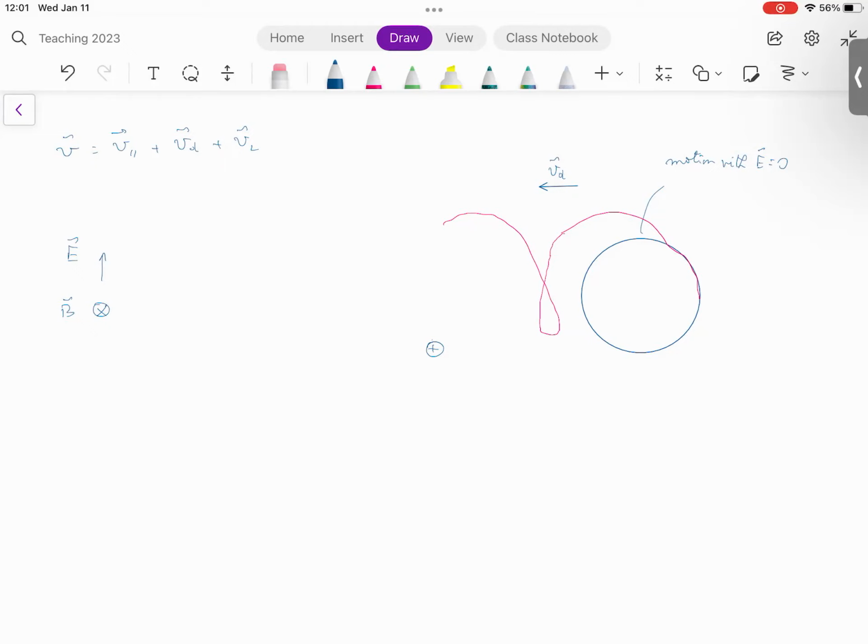And here's what I mean by that. Let's assume that there is some other force that's not an electric force. The electric field is 0, but there is some other force. That could be, for instance, gravity. But it could be whatever.